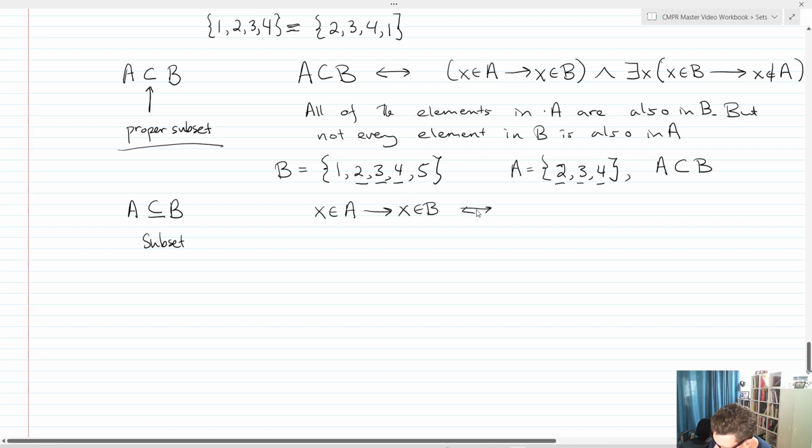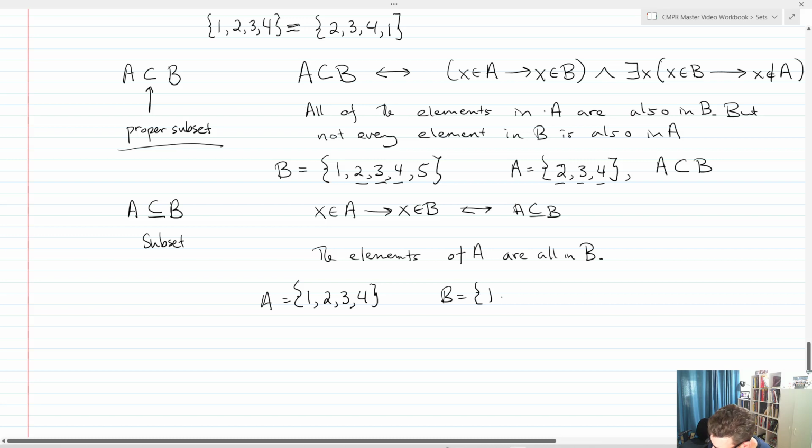So if and only if A is a subset of B. And that just essentially says the elements of A are all in B. So for example, we might have the set 1, 2, 3, 4, and that'll be A. And then B is going to equal 1, 2, 3, 4, 5, 11. So A is a subset of B. That works. Every element in A is also in B.